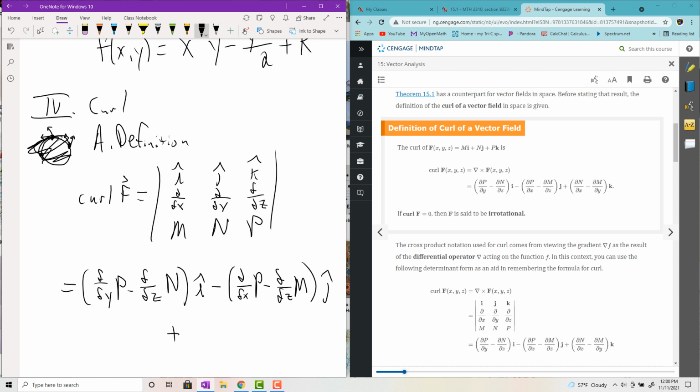And then plus, the third one, partial with respect to x of N minus partial with respect to y of M, times k. Somebody's out there mowing my lawn. I just got done mowing my lawn. Oh my gosh.